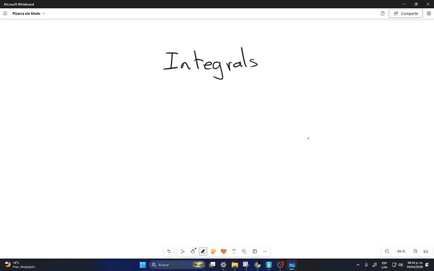So, once again, let's use the example of the function x squared. And it looks a little bit like that. Okay, so what is an integral? An integral is a function that allows you to calculate all of the possible areas below the curve of, in this case, x squared.